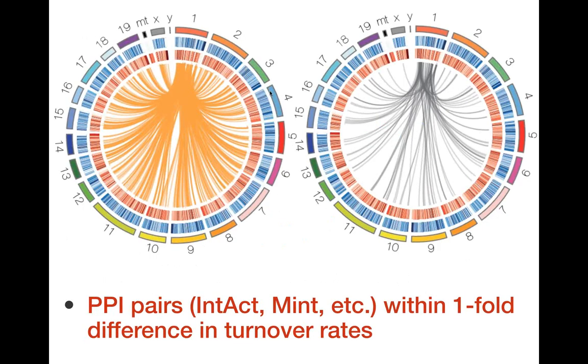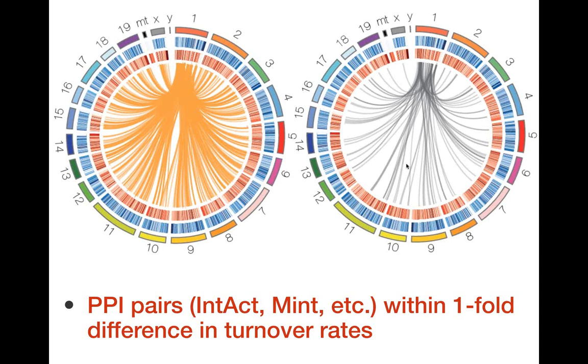And this graph is just another way of looking at the same analysis. First of all, the proteins that we measured are aligned along the circumference based on their chromosomal location. And then the orange lines in the middle are protein-protein interaction pairs that involve at least one protein in chromosome 1 and are between two proteins with a turnover difference of 1-fold or less, whereas the gray lines on the right are between protein-protein interaction partners with more than 1-fold difference in turnover rates.